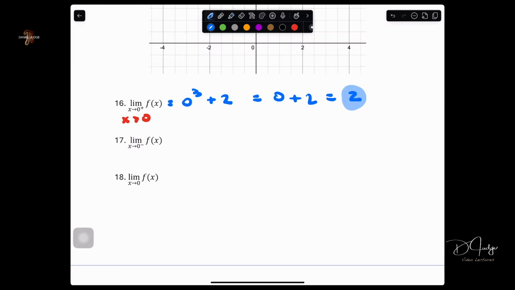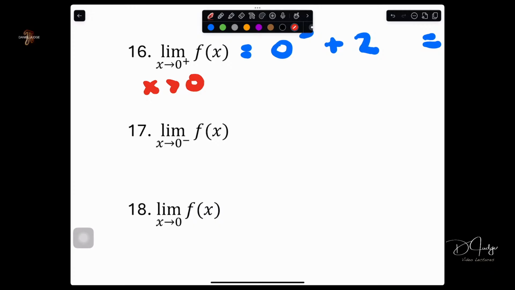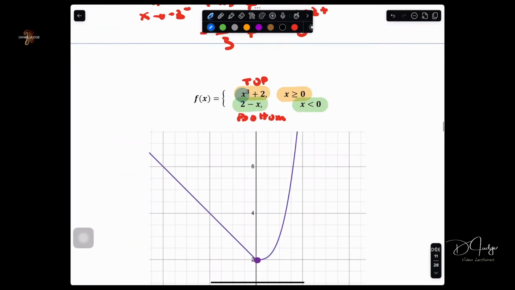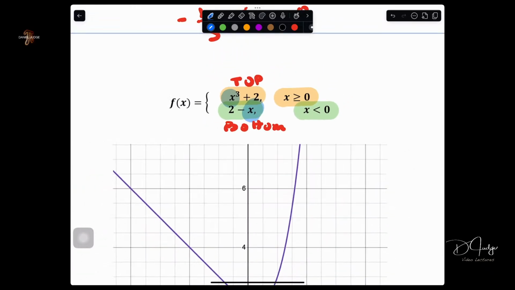Okay. For 17, x goes to 0 from the left. That means x is actually less than 0. So for values of x that are less than 0, your piecewise function says use the bottom piece. In other words, plug in your x value down here, and now you'll get 2 minus 0.